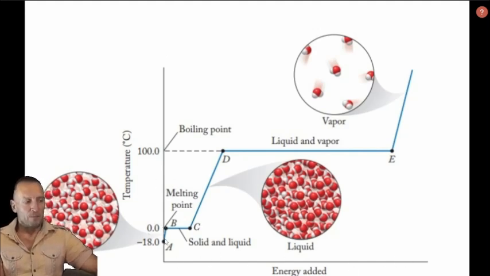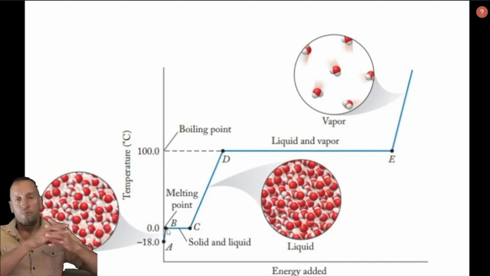If we take a piece of ice at minus 18 degrees and we're adding energy, that means we're putting more heat into the system. Obviously, we're going to destroy some of the hydrogen bonds, and then the water is going to reach 0 degrees, and at 0 degrees most of the hydrogen bonds get destroyed.